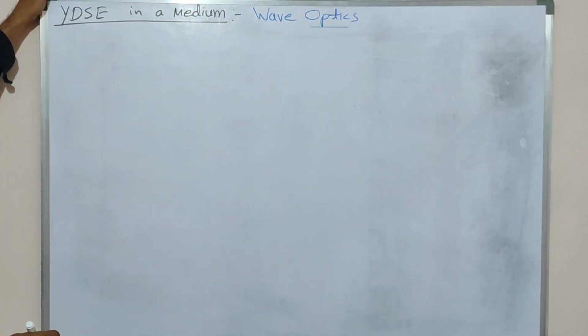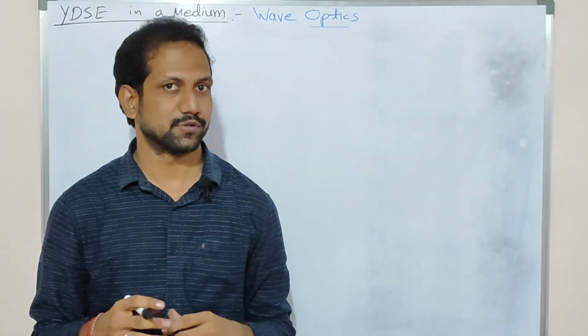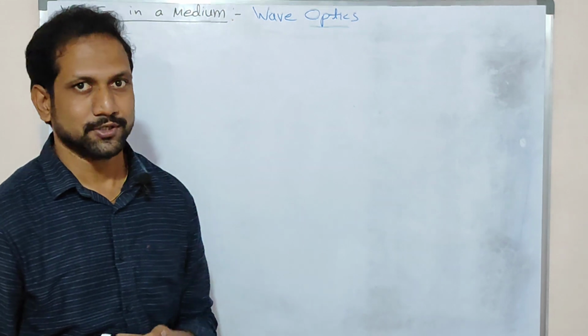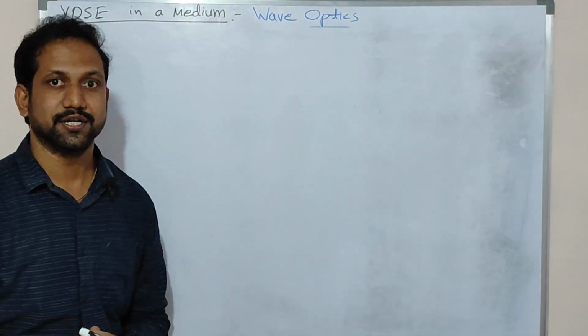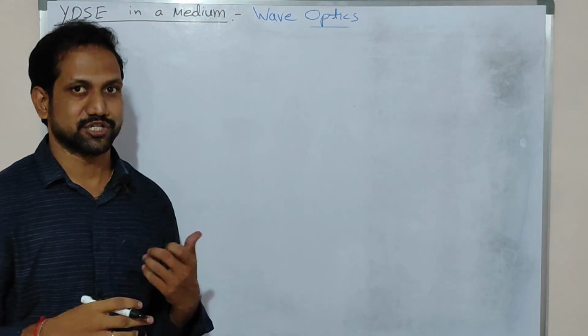There will not be a big difference. The phenomena, everything will be the same, but the wavelength will change. Once the wavelength changes, every equation where the wavelength is involved will change.